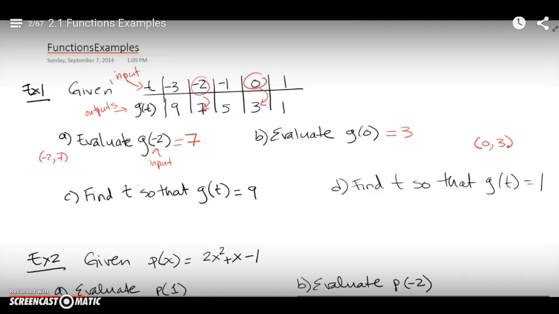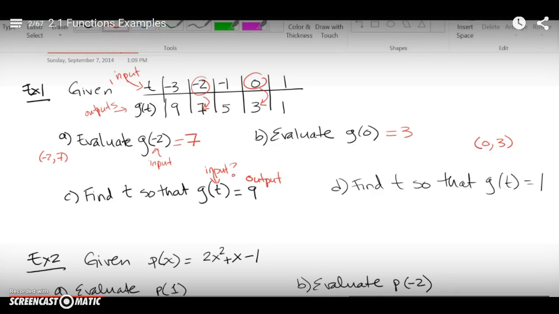Part C asks something a little bit different. It says find t so that G of t is 9. So it's already giving you the output. Question is, what is the input? Again, the output is already given. We're supposed to go find what the input is.